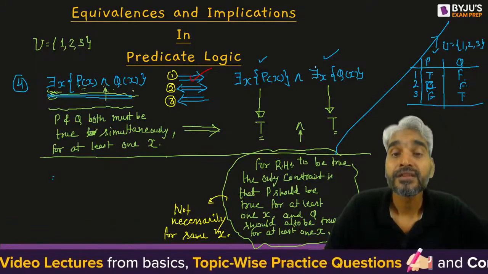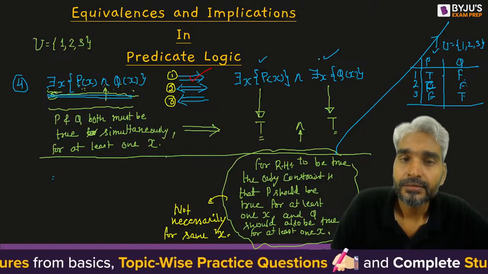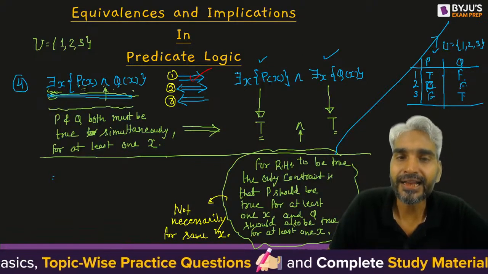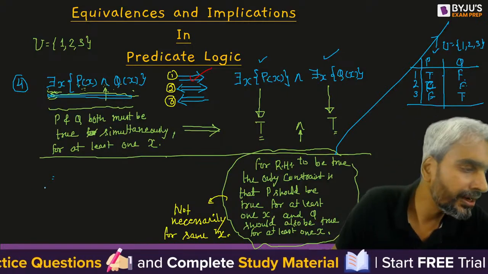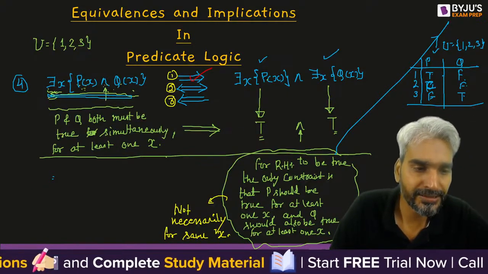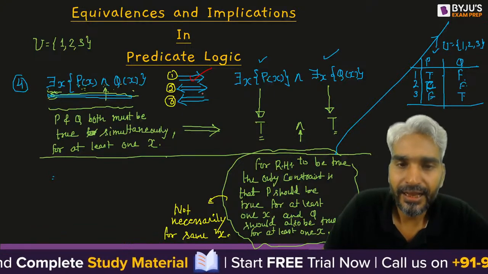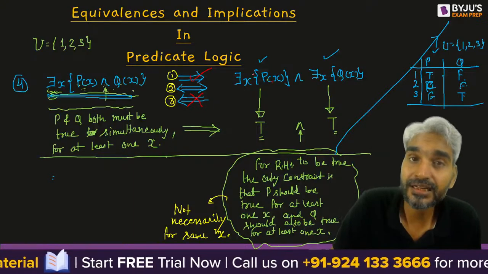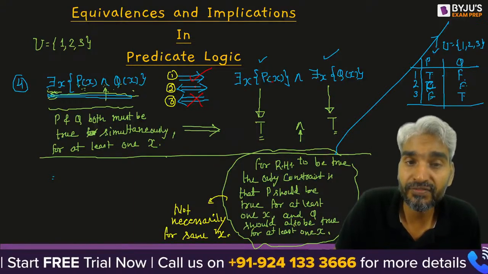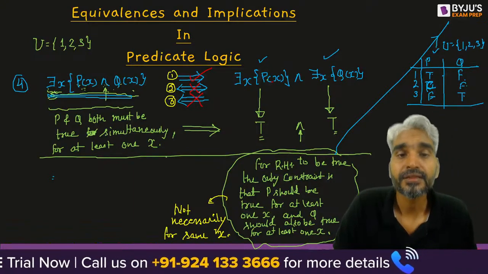So yes, there is a situation in which the RHS can be true and the LHS can be false. So yes, this RHS will not logically imply LHS, and if RHS does not logically imply LHS, then obviously they cannot be equivalent.